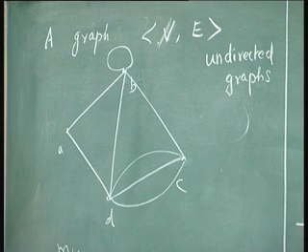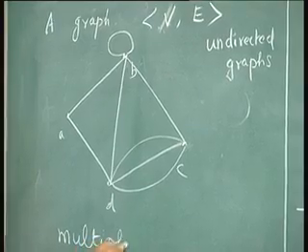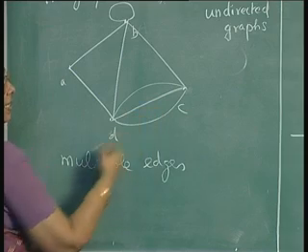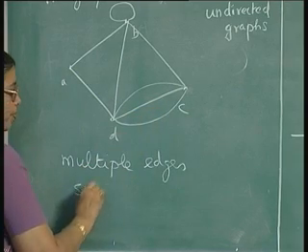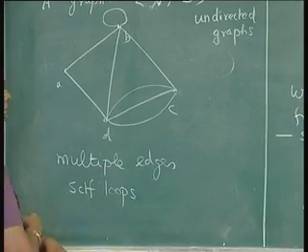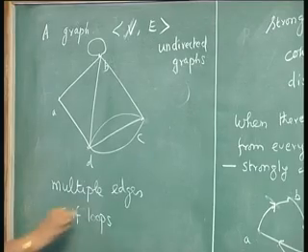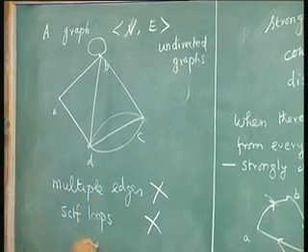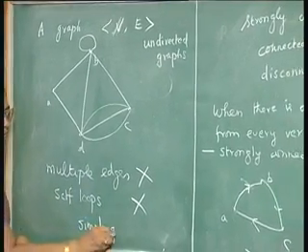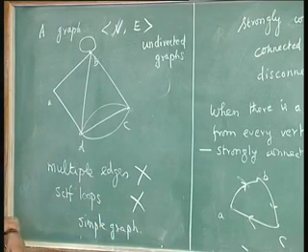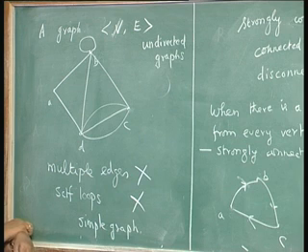So, you may have multiple edges, that is between C and D you have 3 edges here, and you may have self loops. If you avoid these multiple edges and self loops, it is called a simple graph. If you do not have multiple edges or self loops, the graph is called a simple graph.